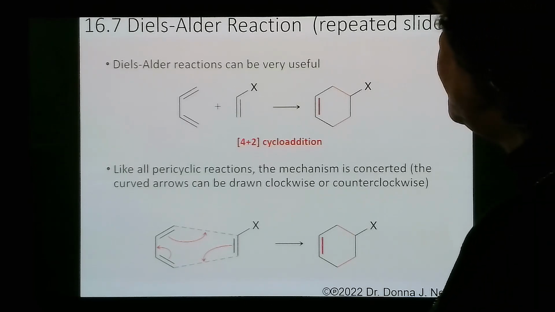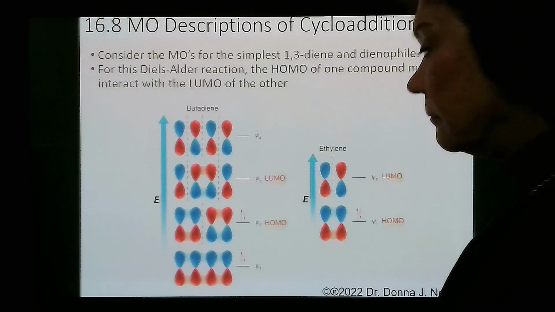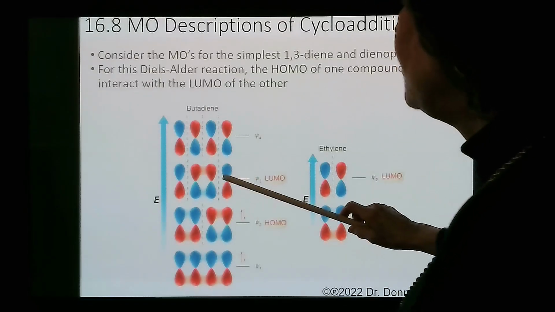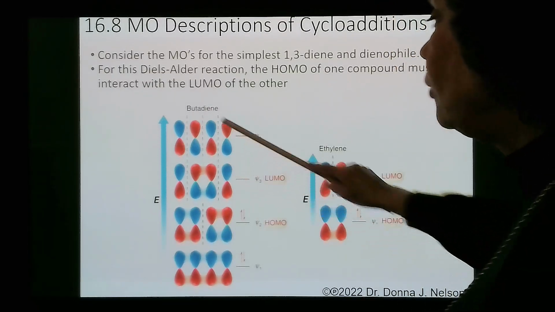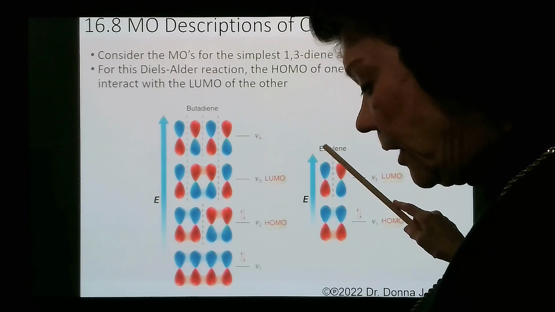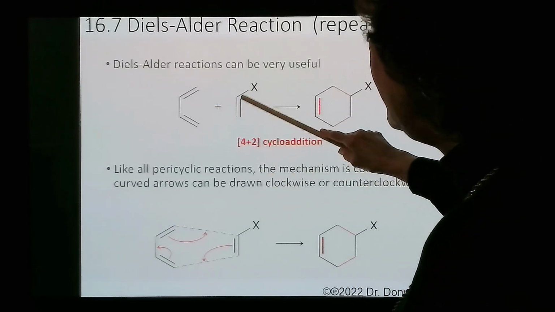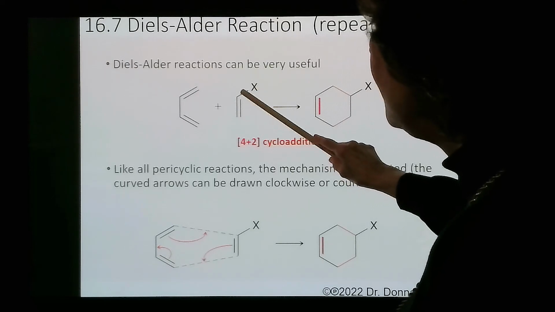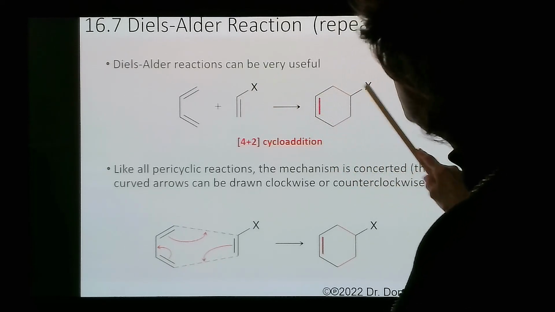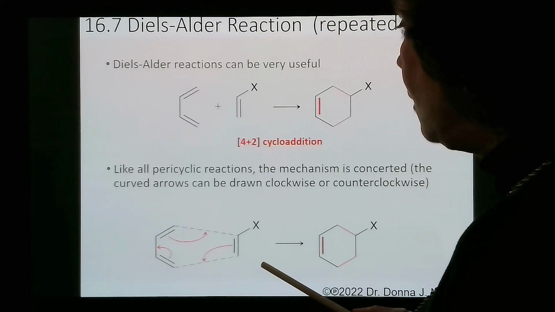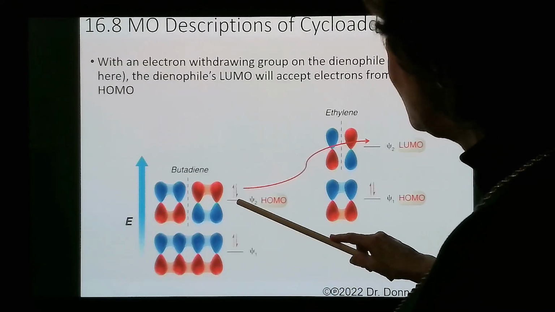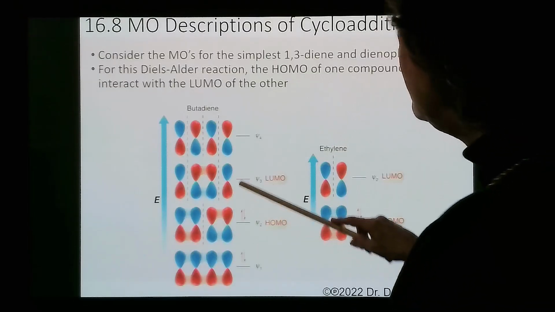So now let's look at this. This is the MO description of the cycloaddition, the butadiene and the ethylene that you saw on the previous transparency. This one shows the ethylene. This one shows a functional group, which is not shown in the MO description on this slide.